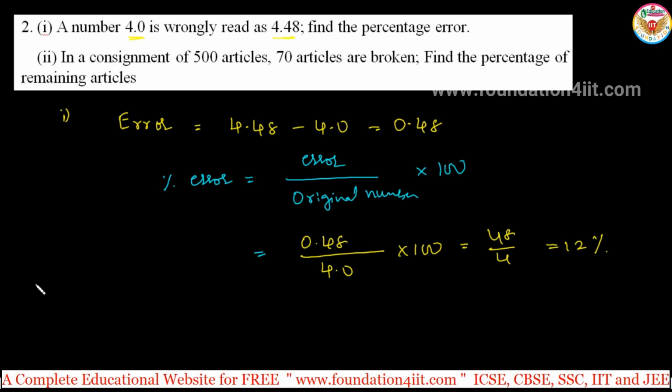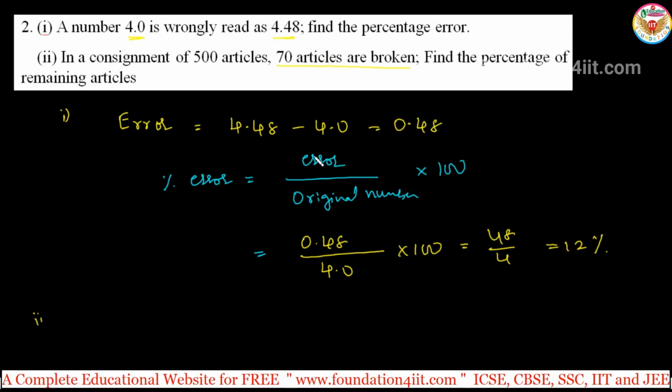And see the next question. In a consignment of 500 articles, 70 articles are broken. Find the percentage of remaining articles. Here 70 articles are broken.